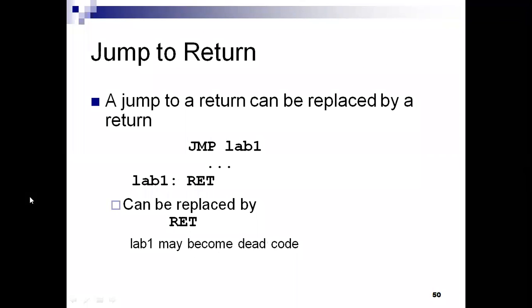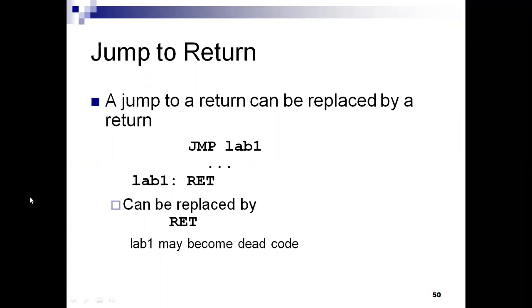And it is jump to return. A jump to return can be replaced by a return. That means wherever you find a jump and return, it can be directly replaced by the return. Once you see the example, then you can easily understand: jump label 1, what the label 1 is, and return. So instead of using that label 1 or jump, it can be directly replaced by the return.